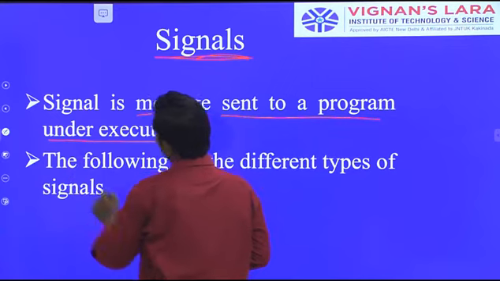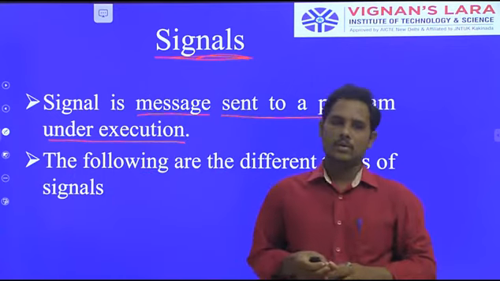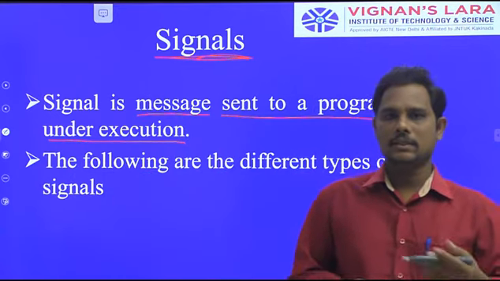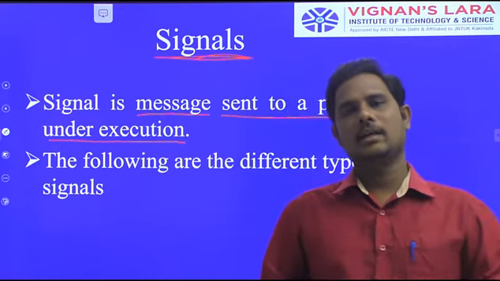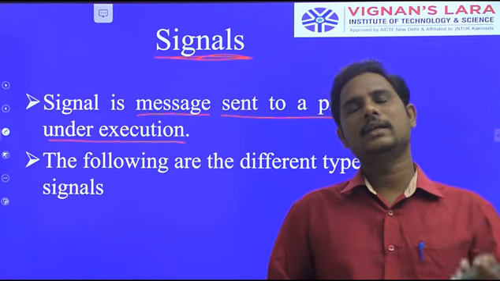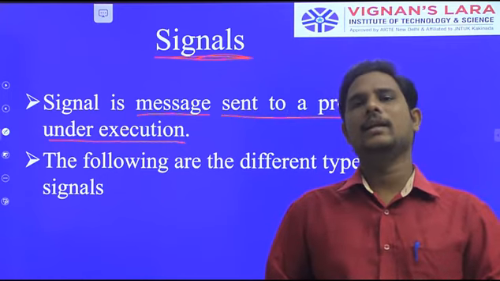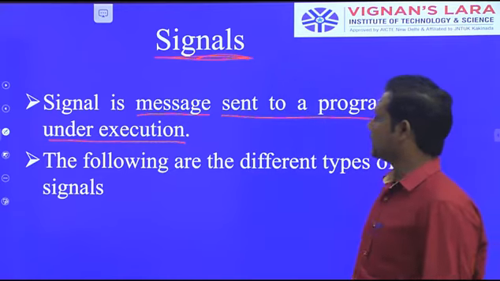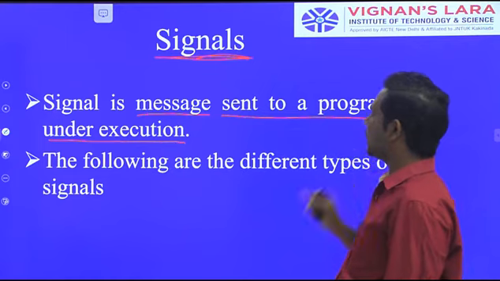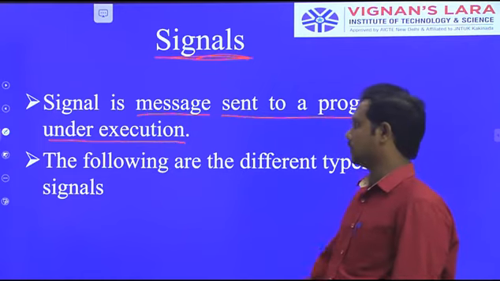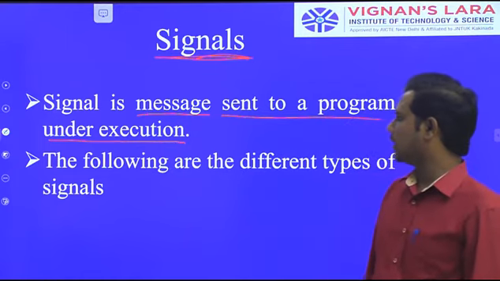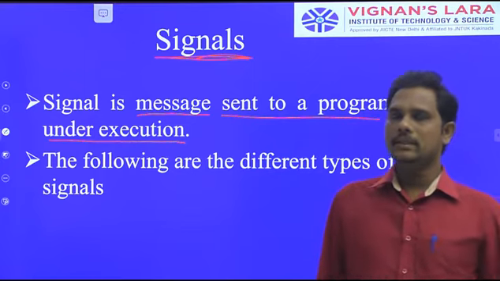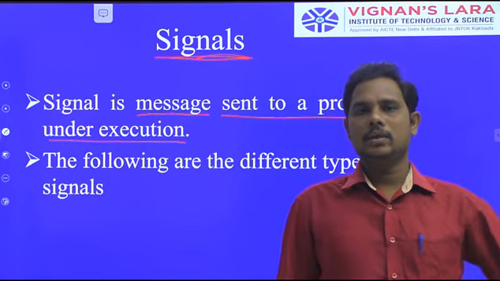How do we give the system instruction? We give input as a signal. That's why it is a message. A signal is a message sent to a program under execution. There are many signals in the Unix operating system.